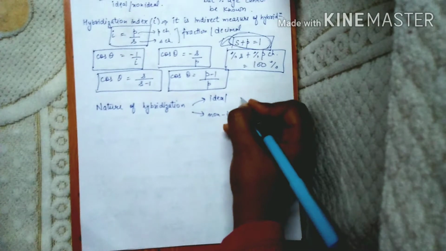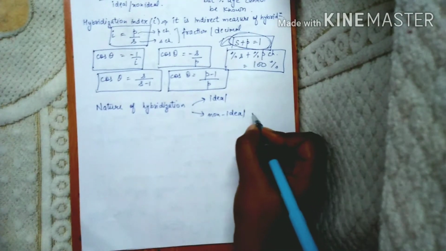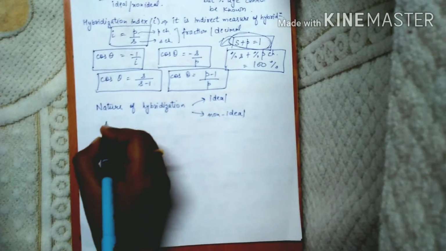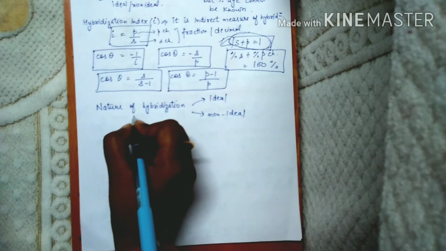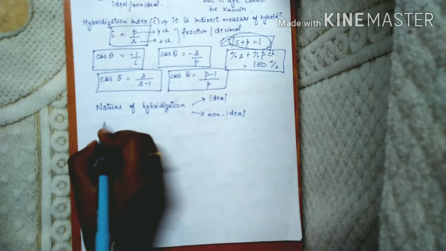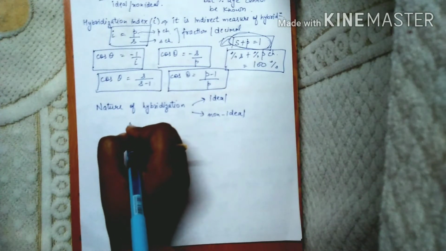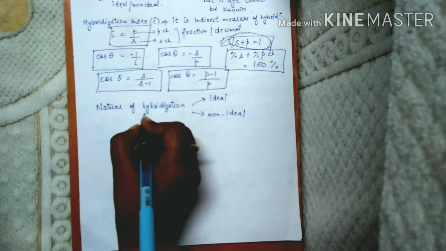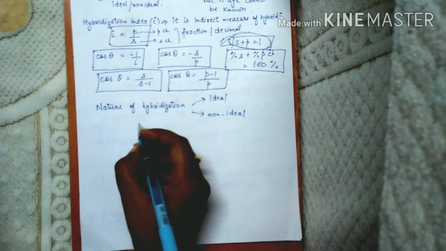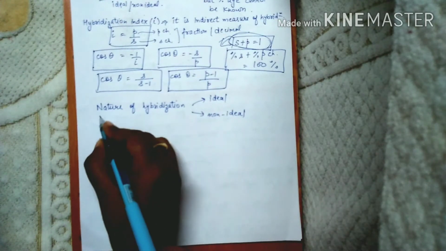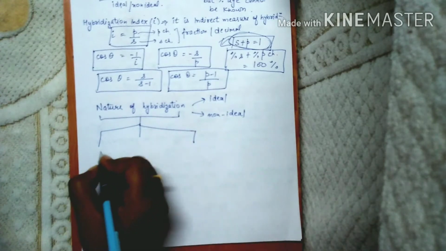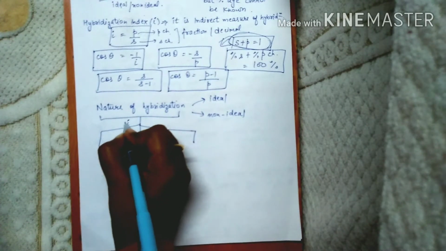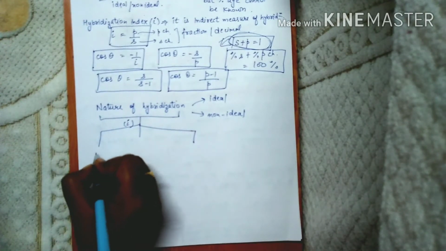In which case it is ideal and in which case it is non-ideal, we'll see. So nature of hybridization could be taken into three categories in terms of i, that is hybridization index.